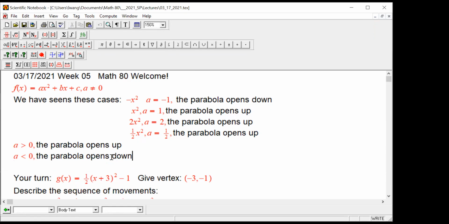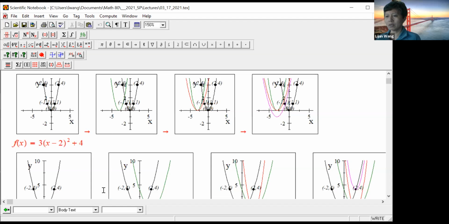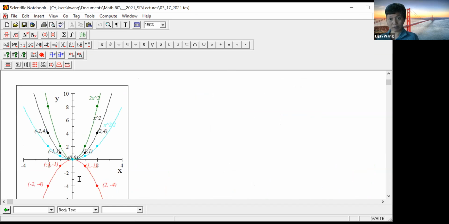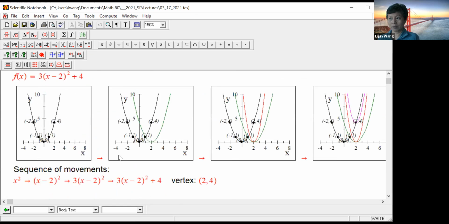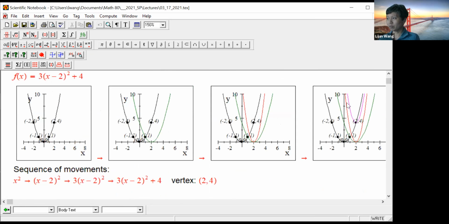Yes. The next one. The parabolas we have seen here, you can see all of these have some kind of symmetry. It's symmetrical with the y-axis. And this final purple one is symmetrical, but not symmetrical with respect to the y-axis.